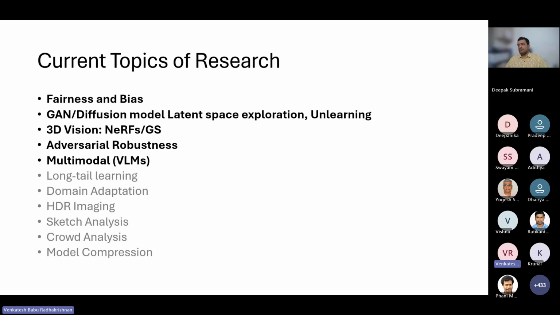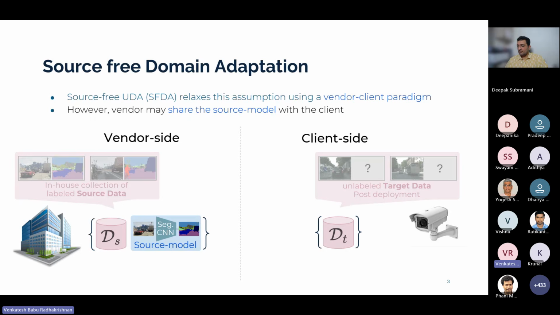So we also worked on several other topics earlier to this: long tail learning, domain adaptation, HDR imaging, crowd analysis, all those things. Maybe I'll just give a glimpse of a few of the works. In source-free domain adaptation, especially in the current situation, people don't want to share the data across vendor to a client because of various issues, privacy and proprietary nature.